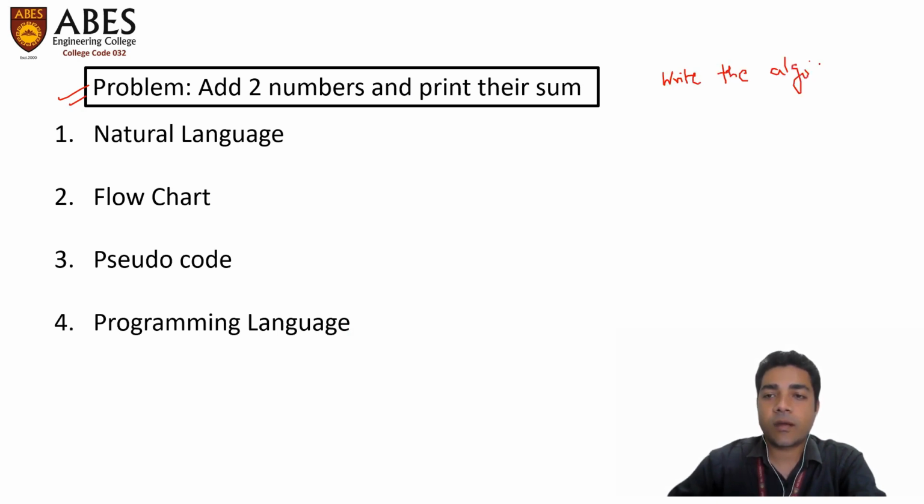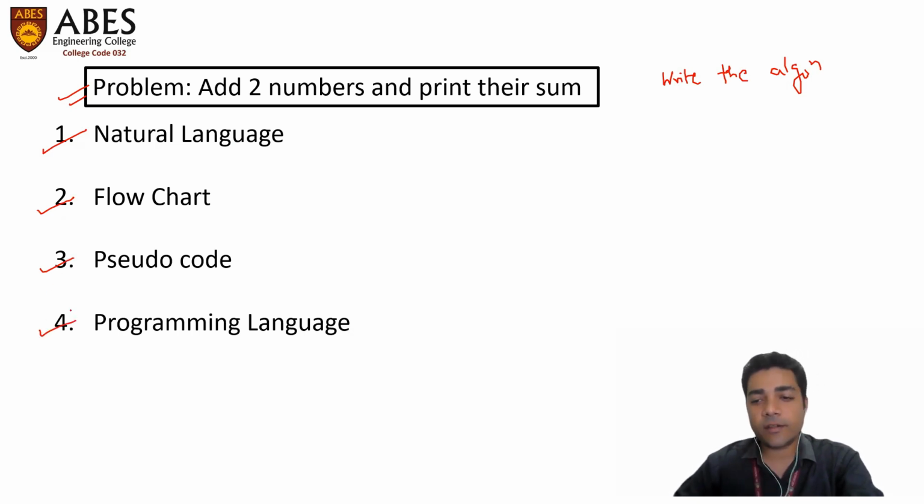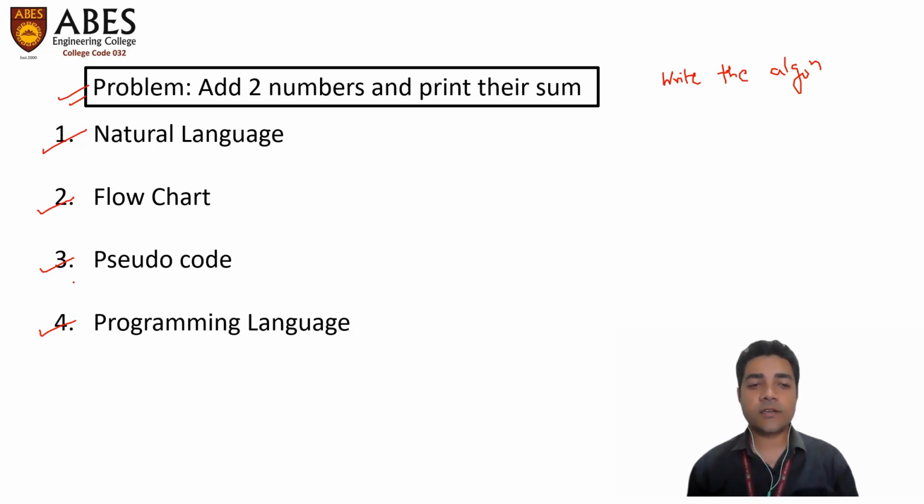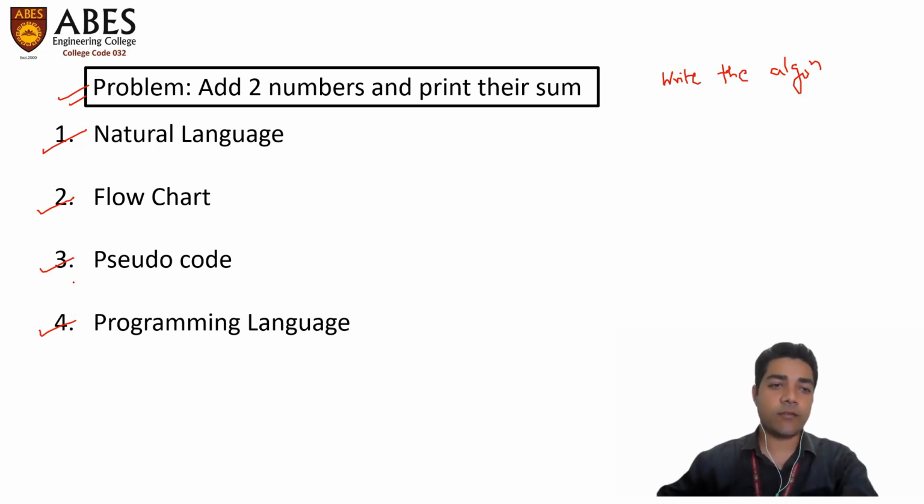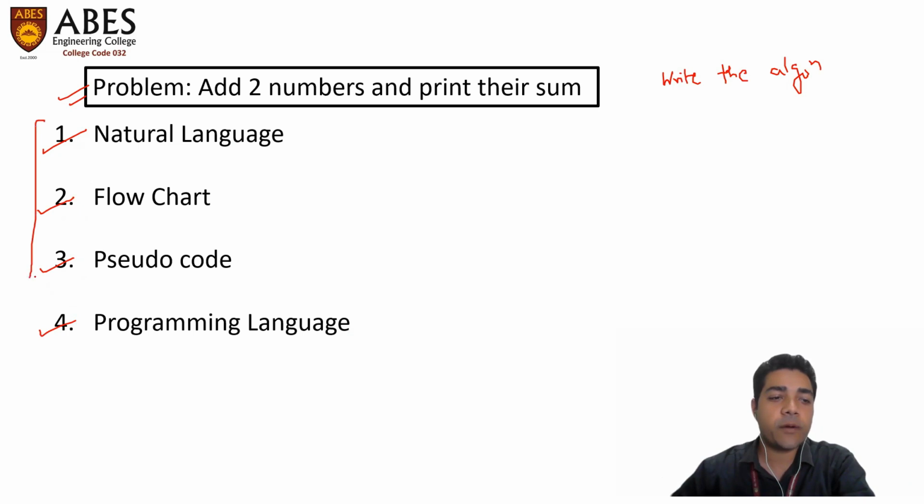The first approach is natural language, then we have a flowchart, a pseudocode, and then ultimately we will write the program in our programming language, whether it can be C, C++, Java, Python, any of the languages. All these three things, the natural language, flowchart, and pseudocode, should be independent of the language used also.